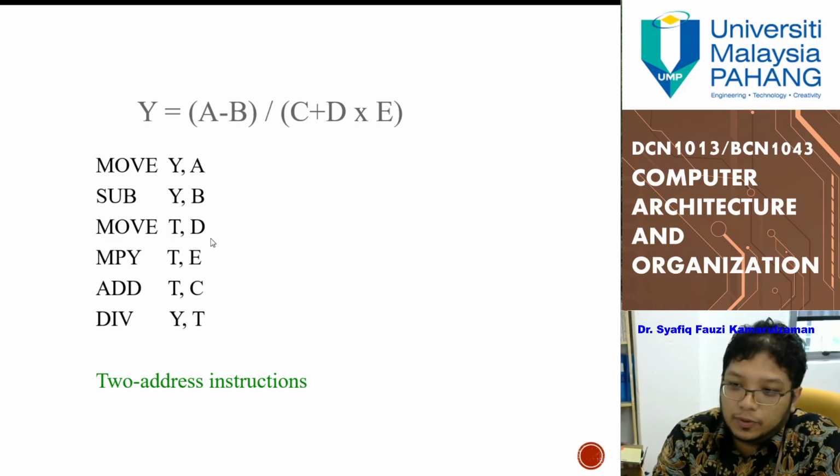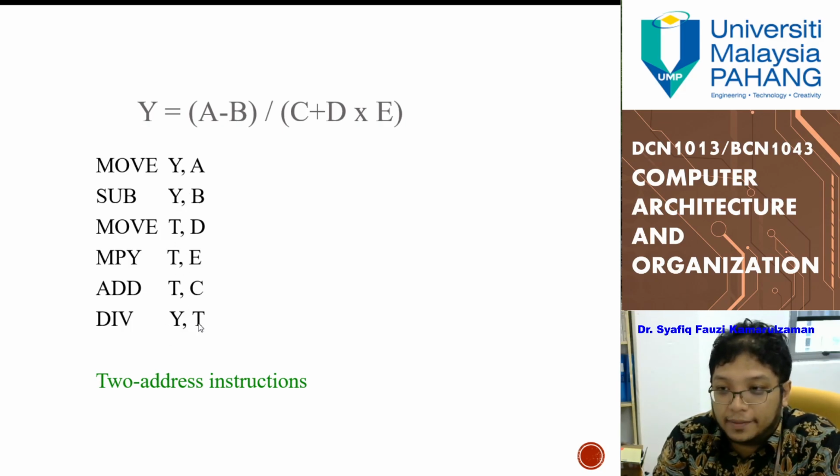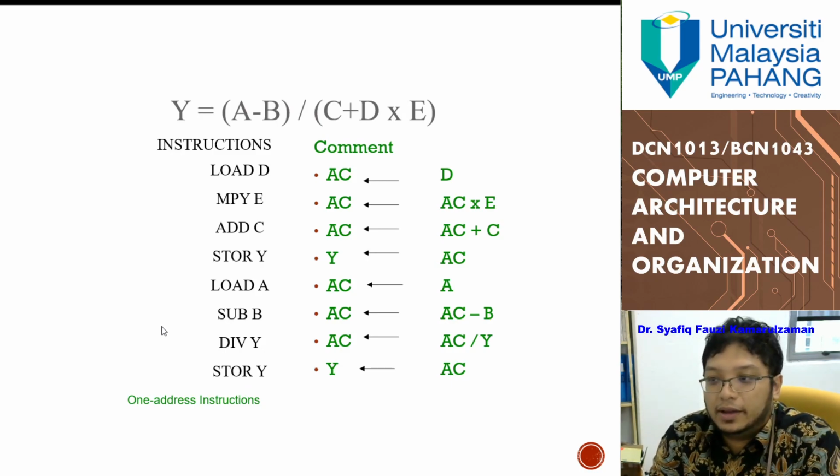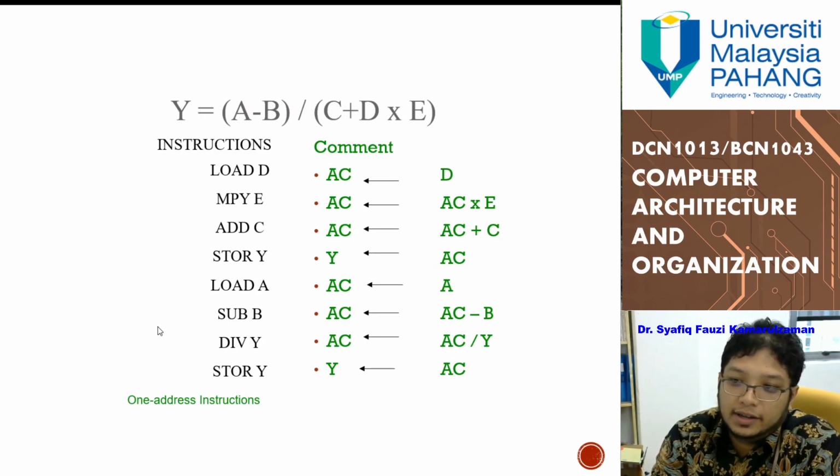You put data from D into T, multiply it with E, add with C, and then finally you divide Y with T. And the data will automatically be saved in Y, because the first operand is also the result operand in this case.